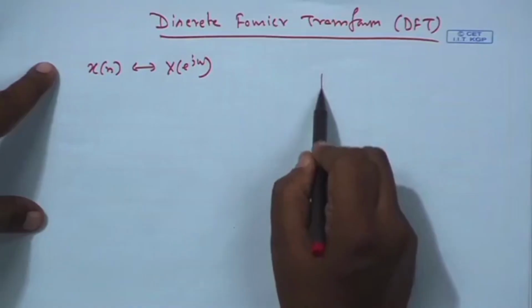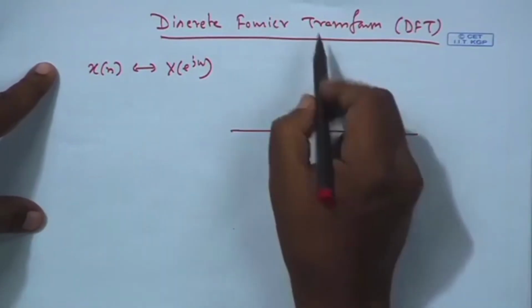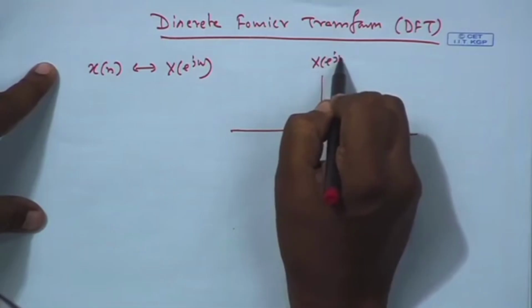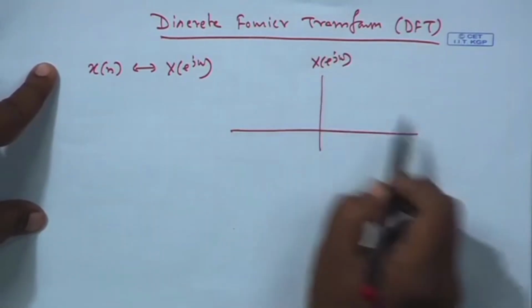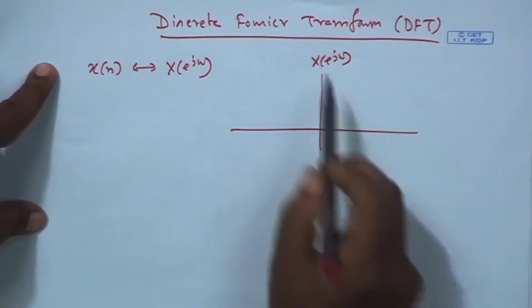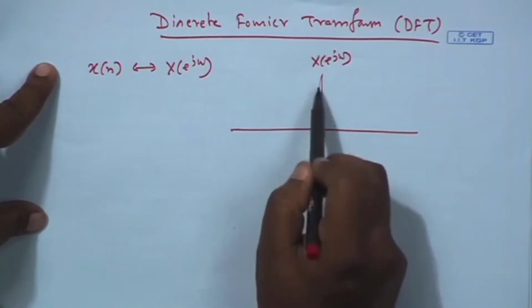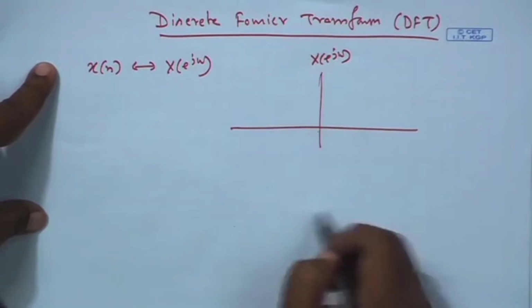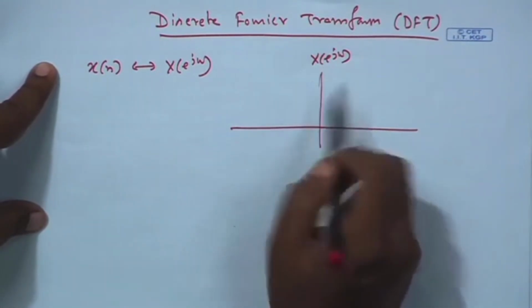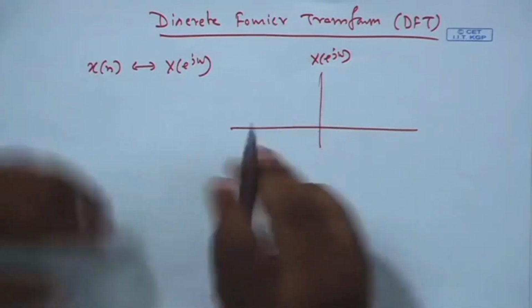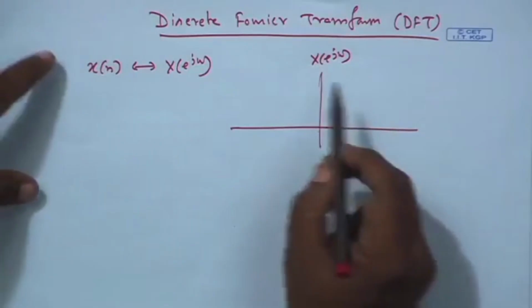But for our purpose, I just have one plot, and that will be enough to explain the points. Actually it is not quite correct, because I should have a magnitude plot and a phase plot, since this axis is real, so magnitude is real, phase is real, but this is a complex number. A complex number cannot be shown by one axis. Nevertheless, just to make my point, I am just showing X(e^jω).